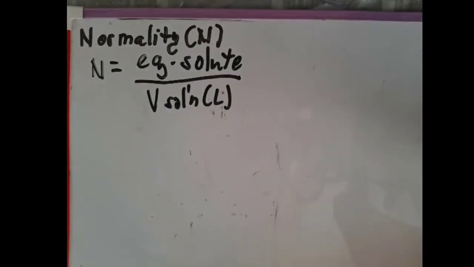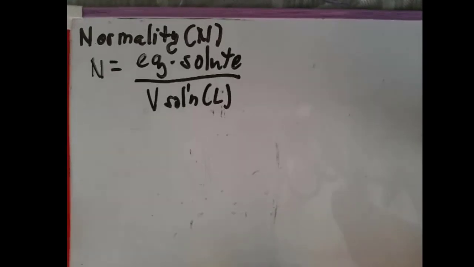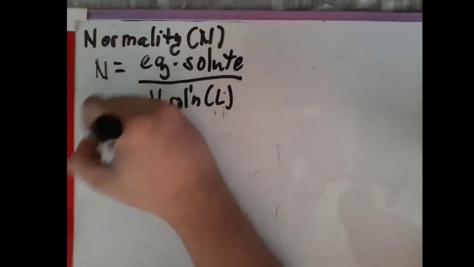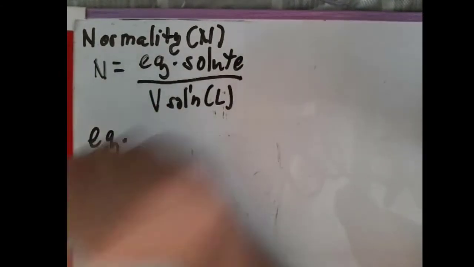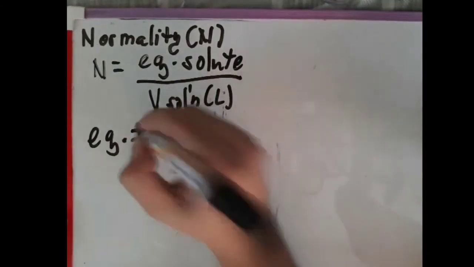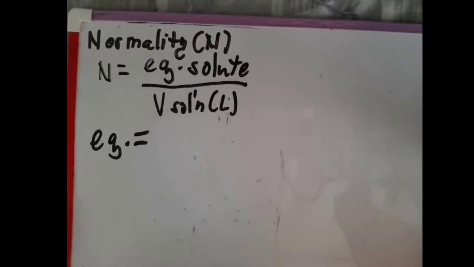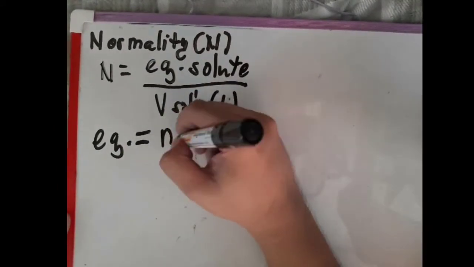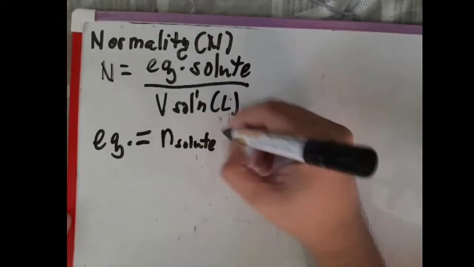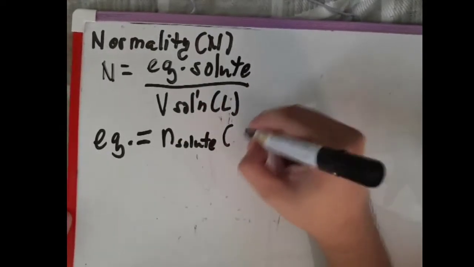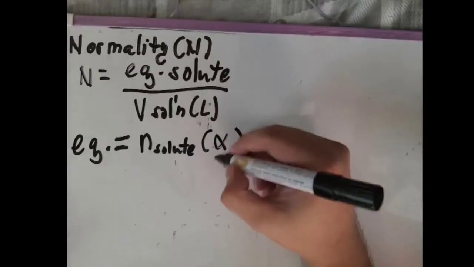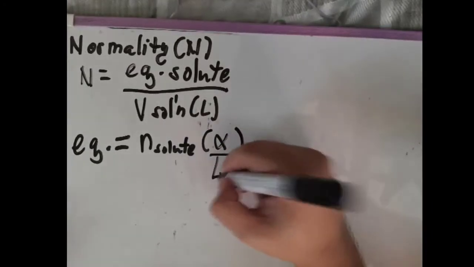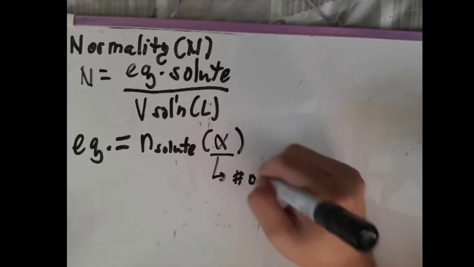So it's just like molarity, yet unlike it. Equivalents is a new unit, and it is what makes normality quite tricky to use, because equivalents equal the number of moles of the solute multiplied by the number of reacting units, which in some books is denoted by alpha. So alpha is the number of reacting units.